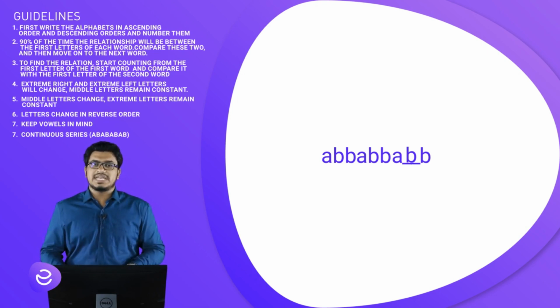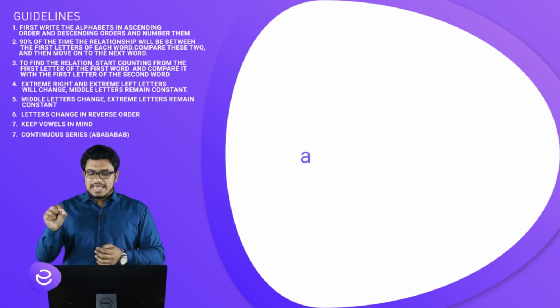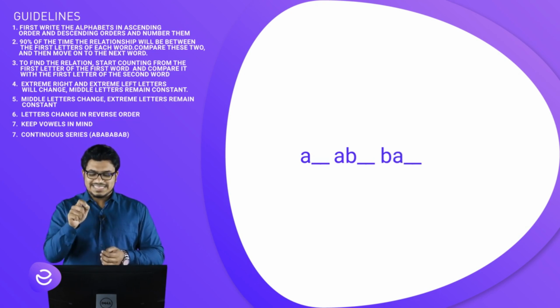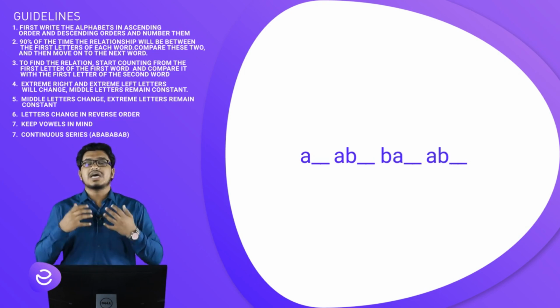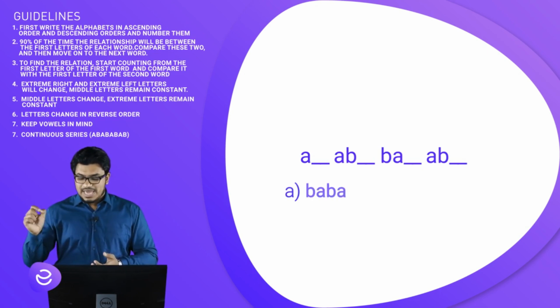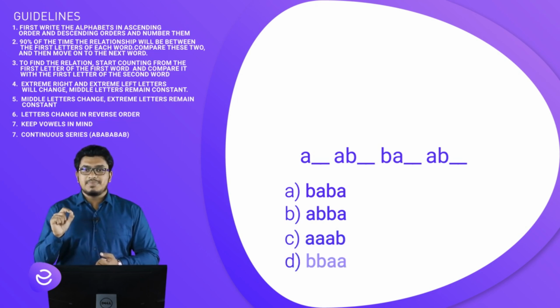When it comes to the NET exam, you will get a little more complicated questions. I will give you an example: A dash, AB dash, BA dash, AB dash. This is how you will get a question in the NET exam. And the options you will get are BABA, ABBA, AAAB, BBAA.